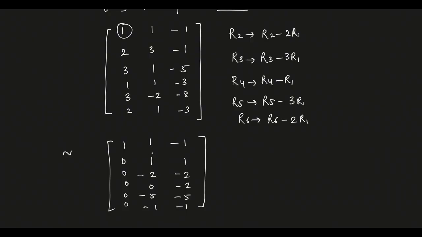So this is the pivot element. Now we need to make the entries below this pivot element 0.